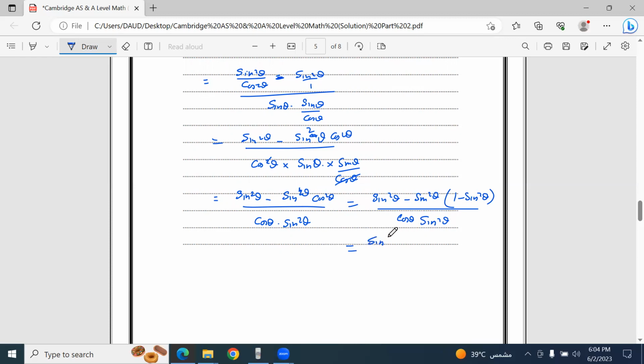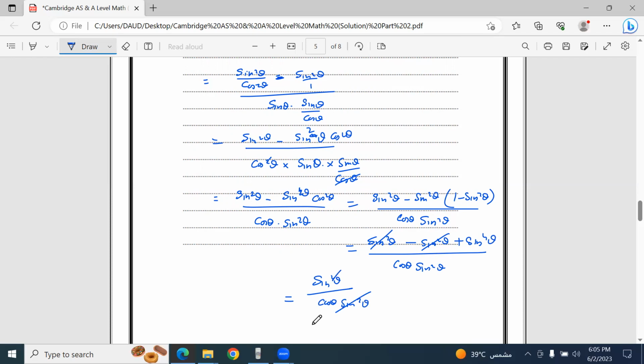So multiply inside sine square theta. That gives me sine square theta minus sine square theta plus sine power 4 theta over cos theta sine square theta. Next step, we can cancel sine square theta with sine square theta, so there is sine power 4 theta over cos theta sine square theta.